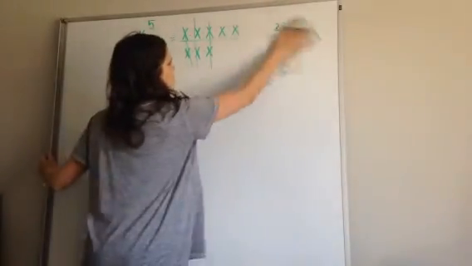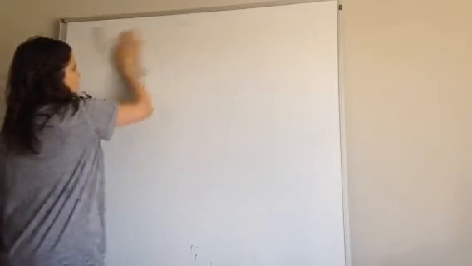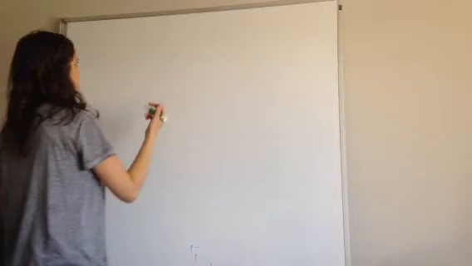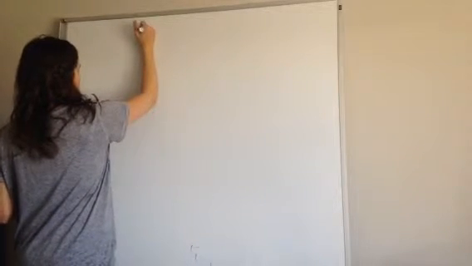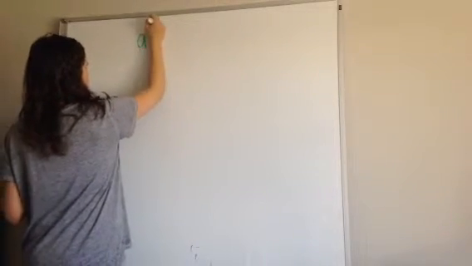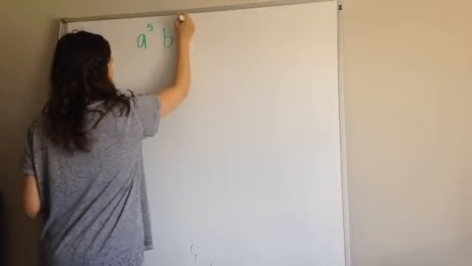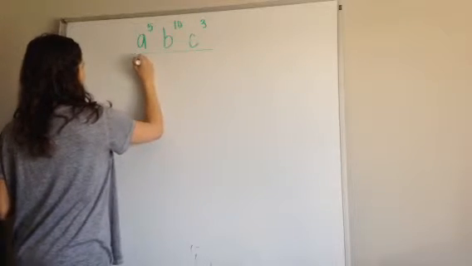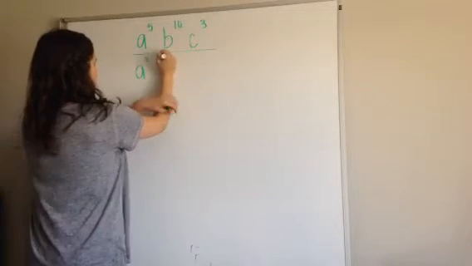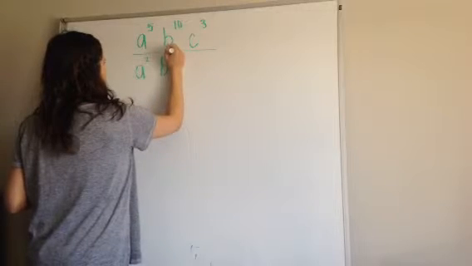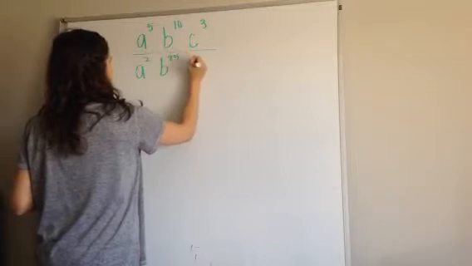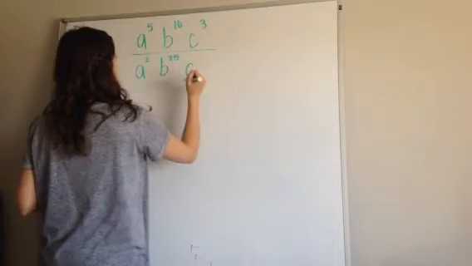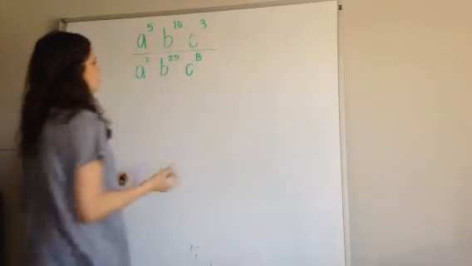Let's do it with more than 1 now. Okay, let's do A, B, and C. So A to the 5th, B to the 10th, C to the 3rd, all over A to the 2nd, B to the 25th, and C to the 8th.